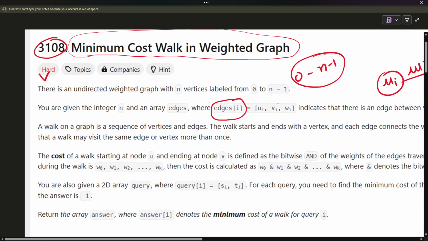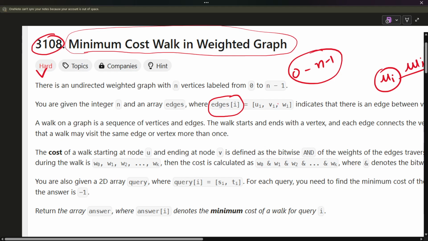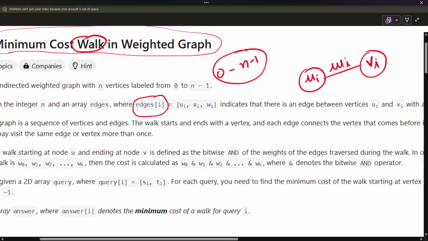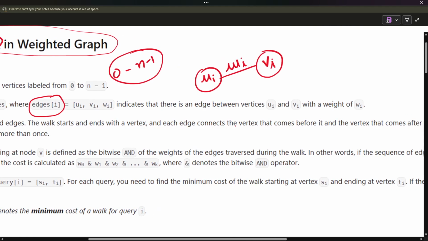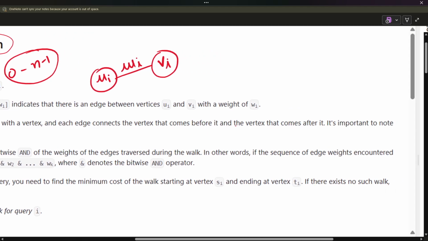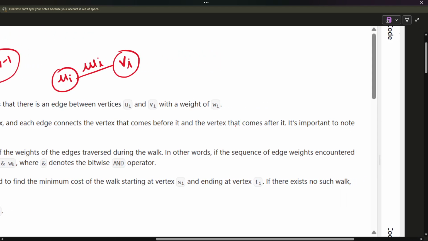Okay. So a walk on a graph. Here is the explanation of what a walk is. A walk on a graph is a sequence of vertices and edges. The walk starts and ends with a vertex, and each edge connects the vertex that comes before it and the vertex that comes after it.